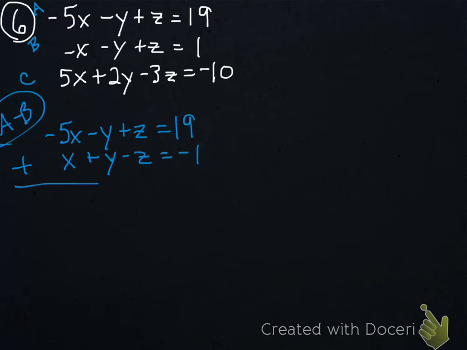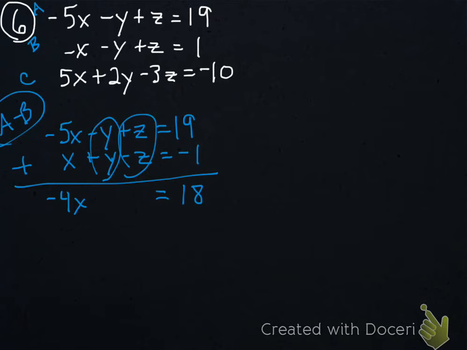Add together. For x, negative 5 plus 1 is negative 4. My y's cancel. My z's cancel. Wow, that's awesome. And I get an 18. And I just realized there was a mistake on my page.